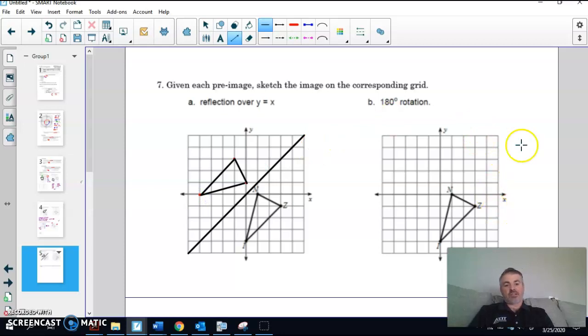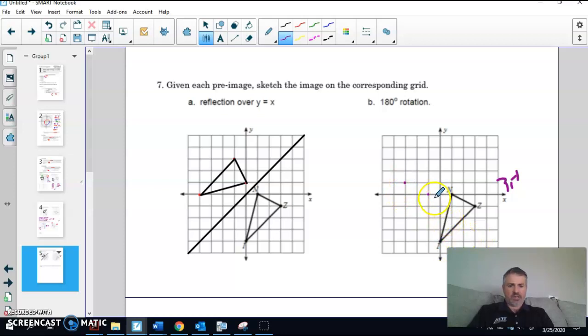Then if I rotate this 180 degrees, I'm going to use their ordered pairs to do that and just change the sign of them. So this here is at 1, 0. So in order to rotate this 180 degrees, I just change the sign. So 1, 0 would become negative 1, 0. So there's N prime. Z, you're sitting here at 3, negative 1. So if I change the signs, that becomes negative 3, positive 1.